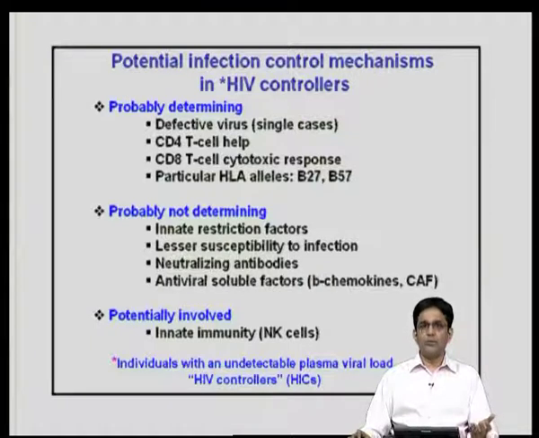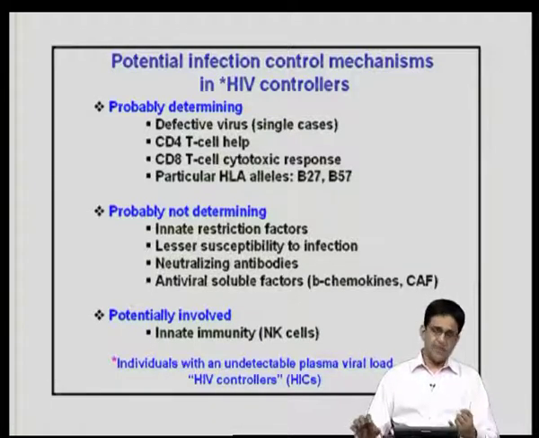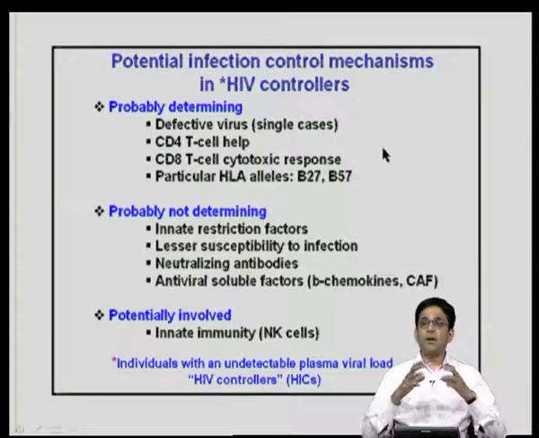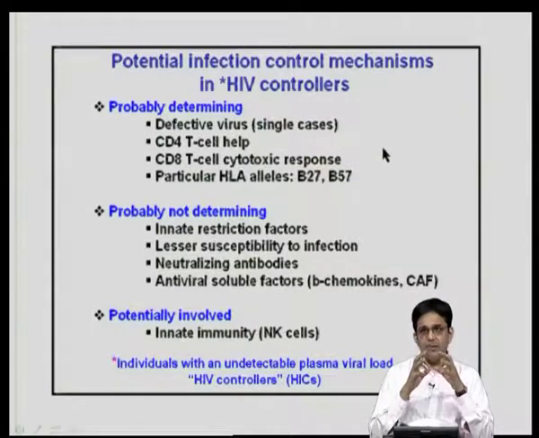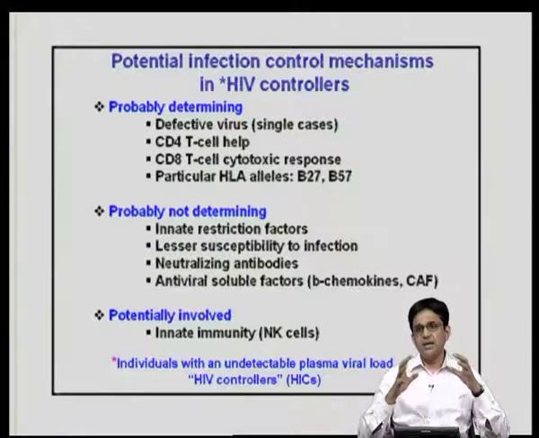Soluble factors, innate restriction factors, and NK cells are potentially involved over here. But clearly the ones that seem to be important are the ones listed over here, because remember, in the case of HIV the primary response that is generated is the cellular response.